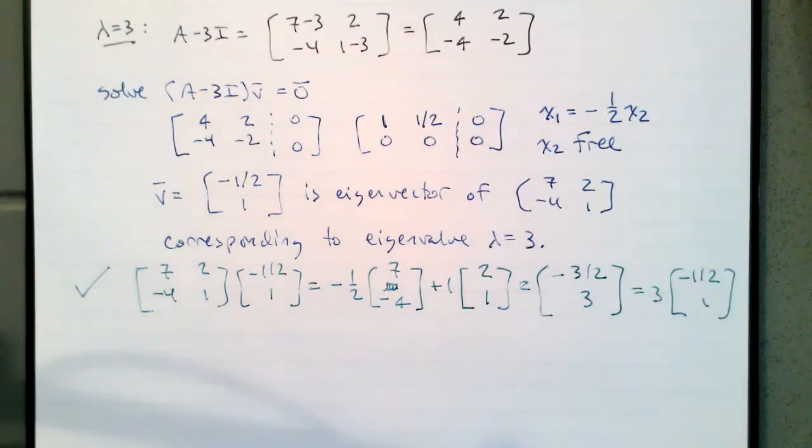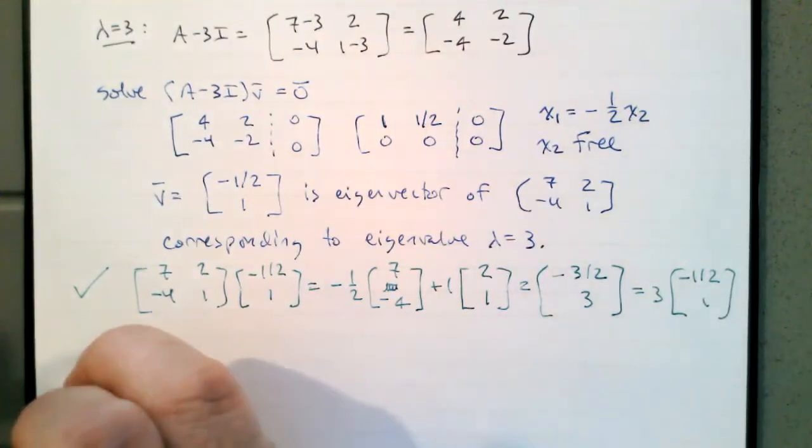Notice that if I multiply v by some scalar, then I will also have another eigenvector. So we can think of v as a basis for an eigenspace of this matrix corresponding to lambda equals 3. So if I use any multiple of v, that is also an eigenvector.